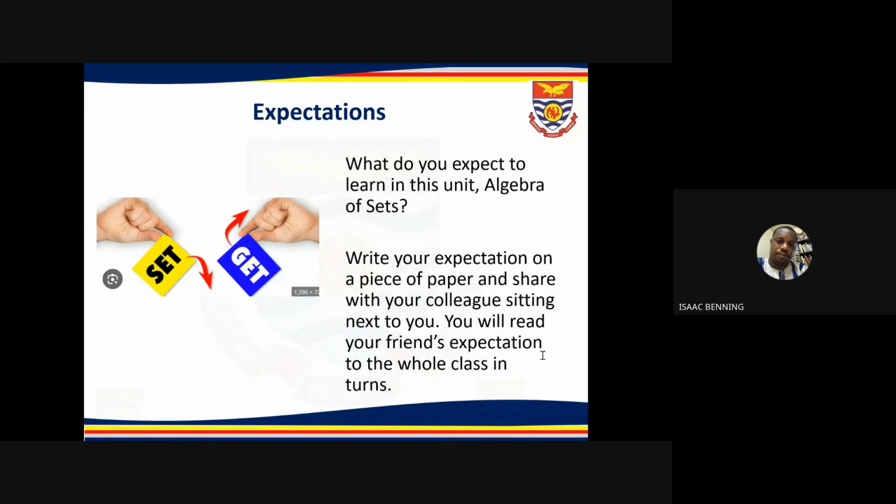So type your expectation of unit 1, and the unit 1 is algebra of set.